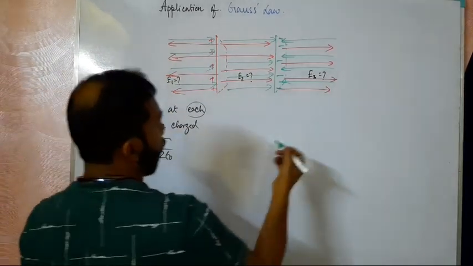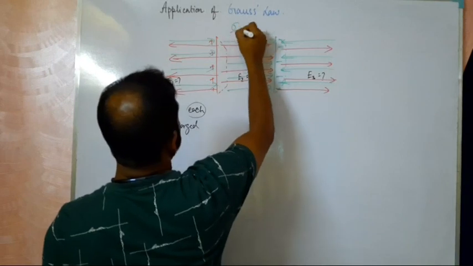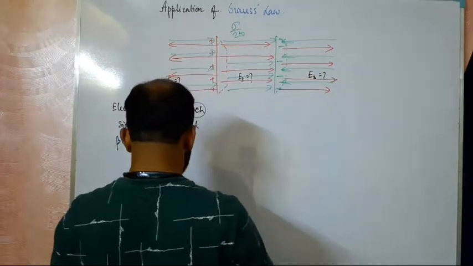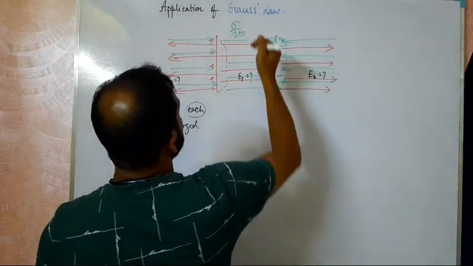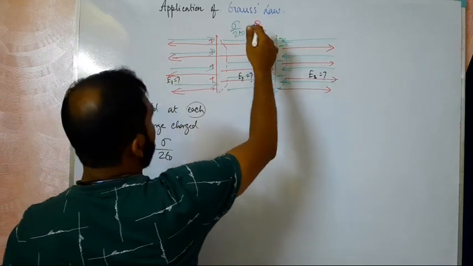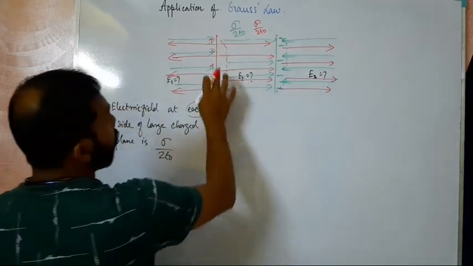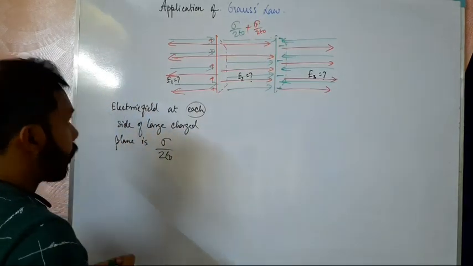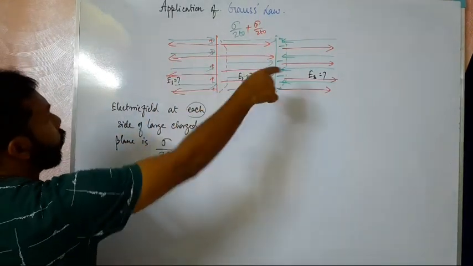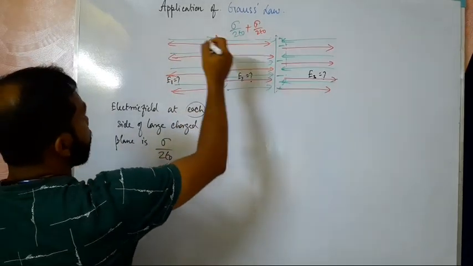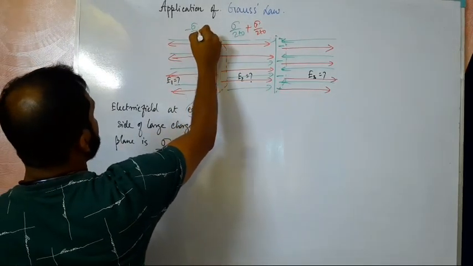Electric field for negative is always sigma by 2 epsilon naught, and electric field for positive is always sigma by 2 epsilon naught. In region 2, both electric fields are directed in the same direction, so they will be added. In the other two regions, these two electric fields are opposite to each other.